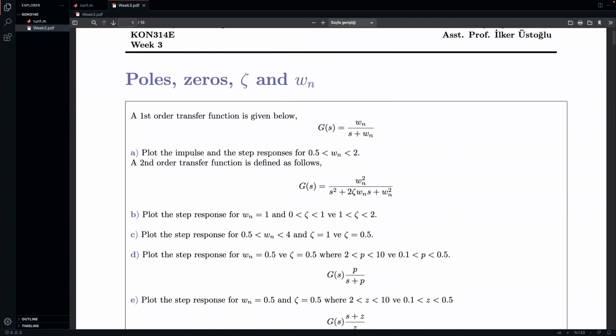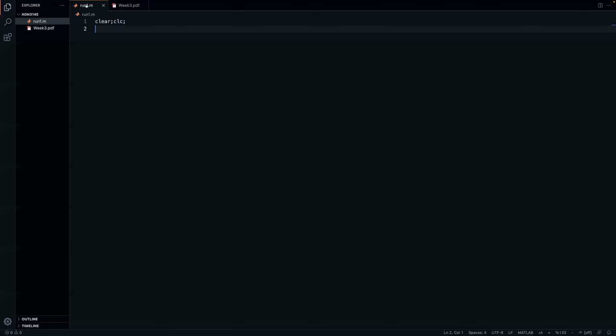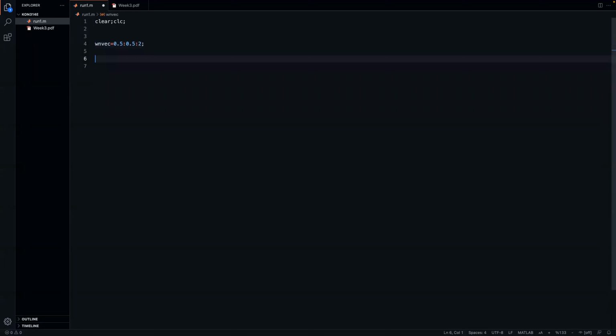Let's start with a first order system. And let's see what happens. Let me define an omega vector here, omega n vec, which starts from 0.5 with 0.5 steps up to 2. So what I want to do is I want to just create also a figure here because I'm going to use this figure.